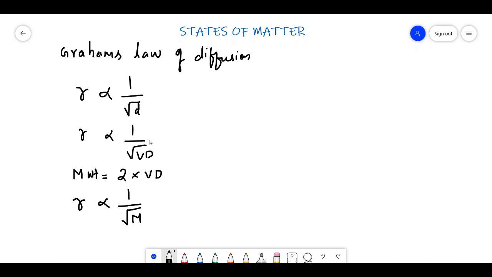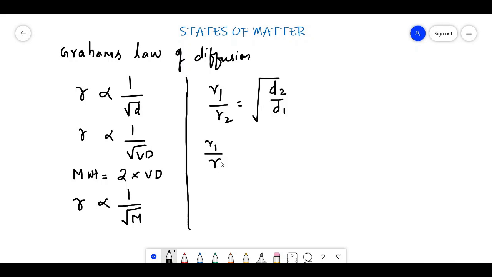If these three relations are taken for two gases with rates R1 and R2, then the formula is R1 by R2 is equal to square root of D2 by D1, or R1 by R2 is equal to square root of vapor density 2 by vapor density 1, or R1 by R2 is equal to square root of M2 by M1.